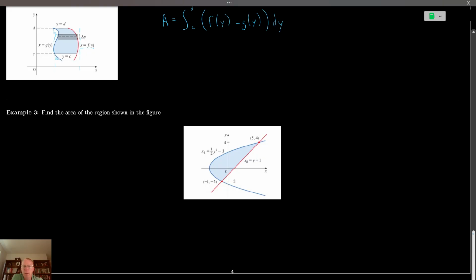All right, so this last one is one where we have to work with y instead of x. Remember in this case, we're working with y, so we need to look at the y coordinates of these intersections. So the area is going to be the integral from -2 to 4. Then we take the top function, y plus 1, minus the bottom function, 1/2 y squared minus 3.